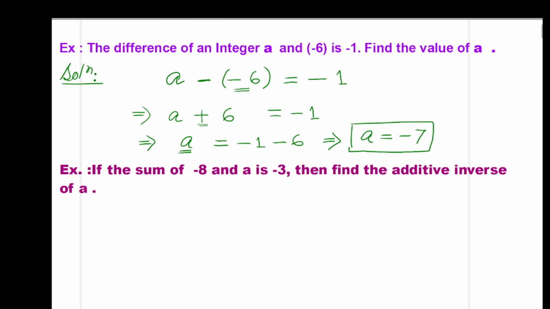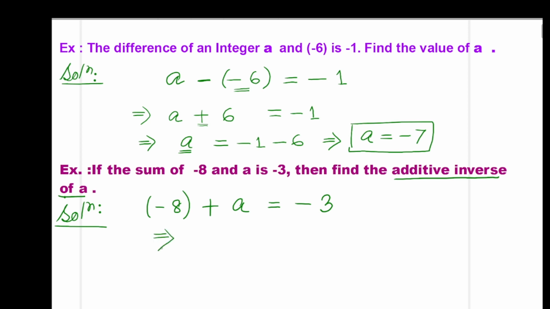Okay. Next, another question. What is given? The sum of minus 8 and a is minus 3. Then we have to find not the value of a, but the additive inverse of a. So before that we have to find the value of a. See, we have to remove minus 8 from the left. How to remove? We have to move it towards the right.